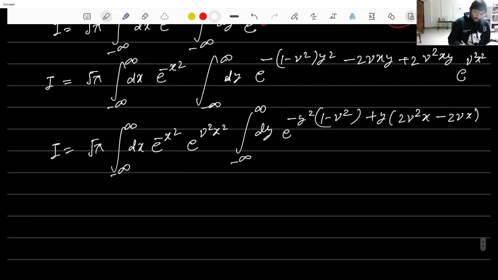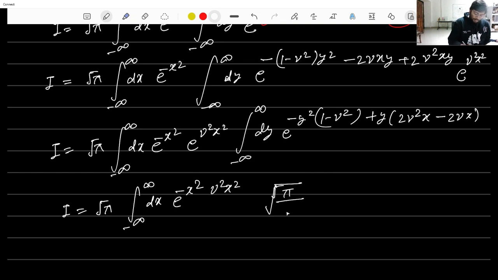Fine. So we have now the shifted Gaussian integral formula, you use that. So this will become minus infinity to plus infinity dx e to the power minus x square nu square x square. This will become root pi divided by 1 minus nu square. Fine.